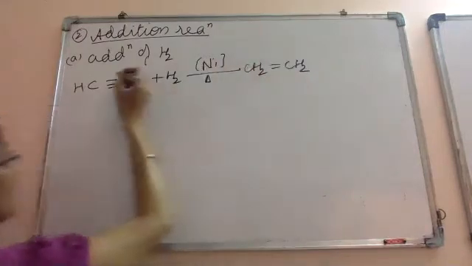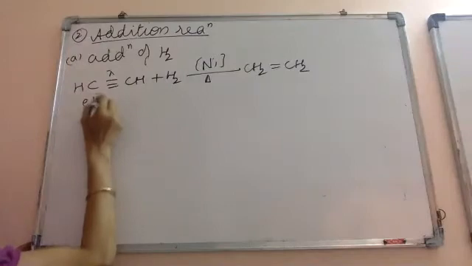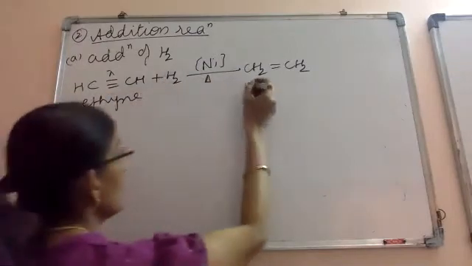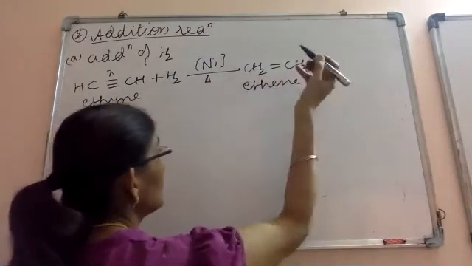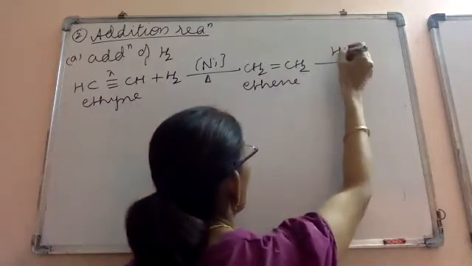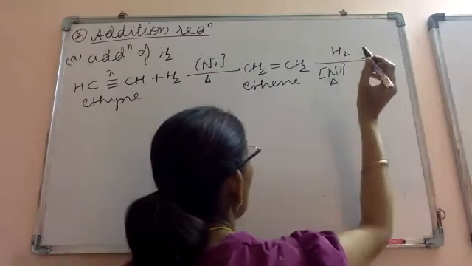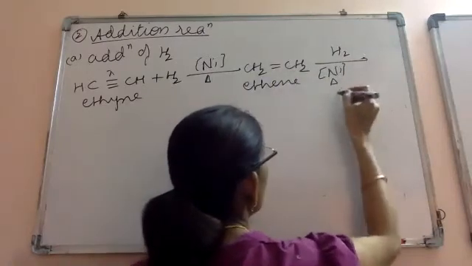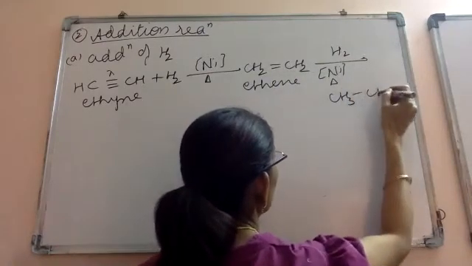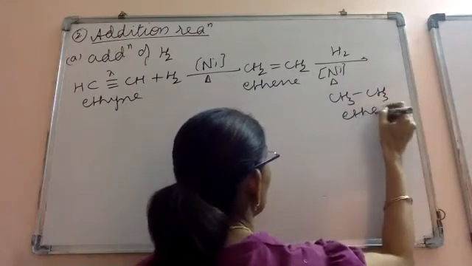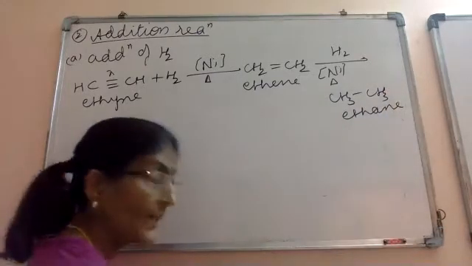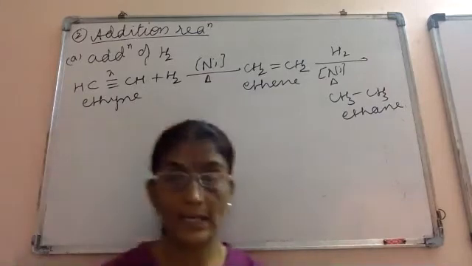One pi bond will break, ethyne converted into ethene. Now there is chance of addition of one more hydrogen, in presence of nickel. What we have? HH will add, ethane is produced. This reaction we had done in the preparation of alkane compounds also.